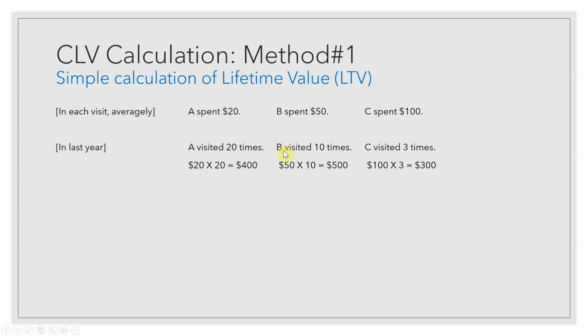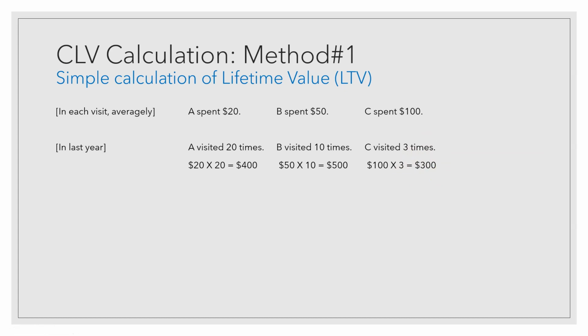So B's average spending is $50, and B visited 10 times last year. So the person's total spending last year was $500. So C visited 3 times, and the person's average spending is $100. So last year, C spent totally $300.